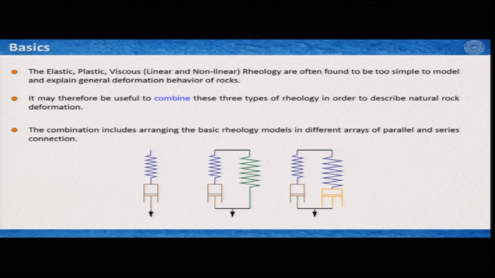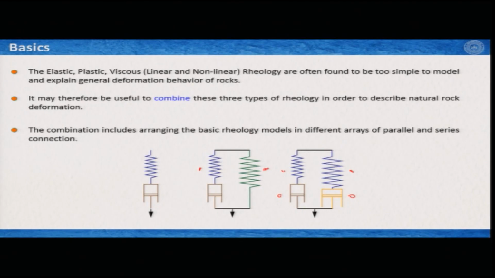So, as you can see here, I have added a spring and a dashpot, then I have springs of two different properties and then a dashpot, then two different springs, two different dashpots. So, you can array them in parallel and series and then again parallel and series and so on.